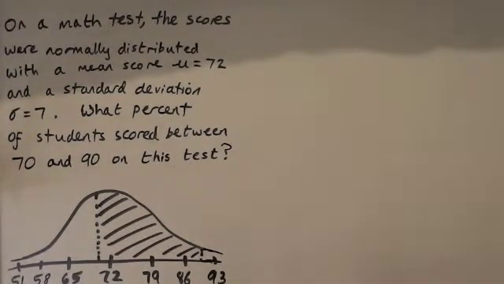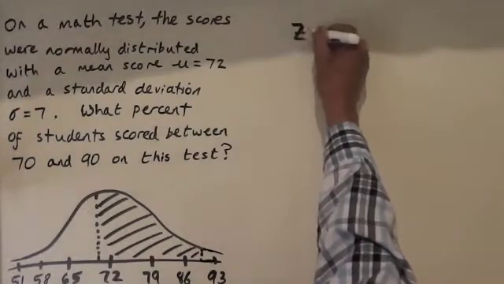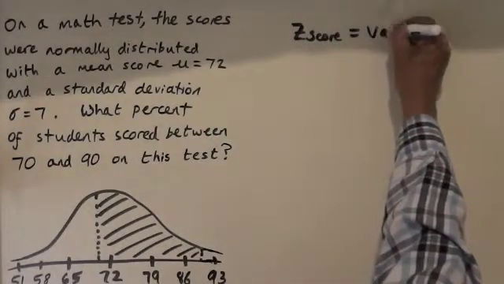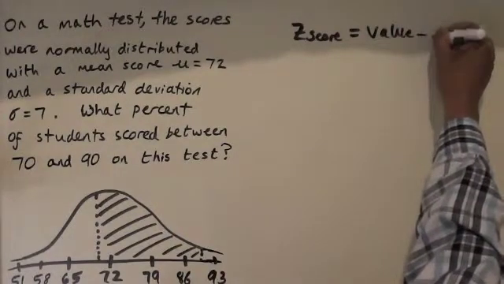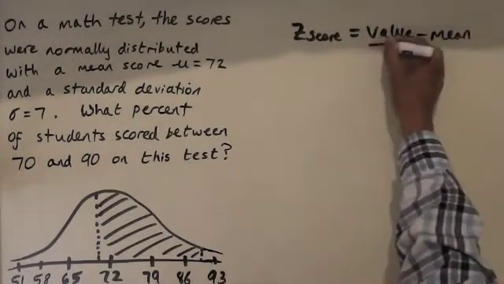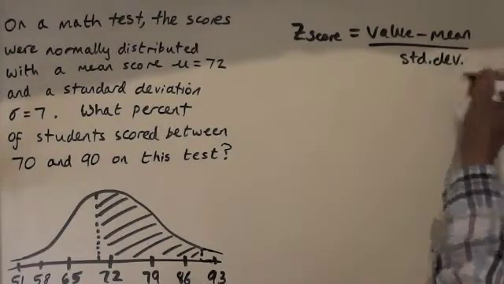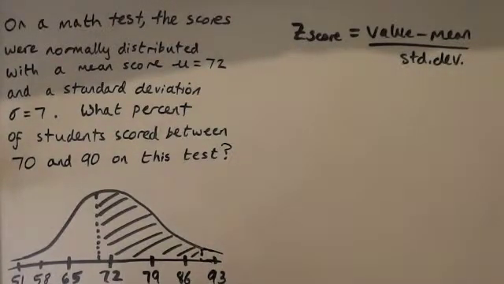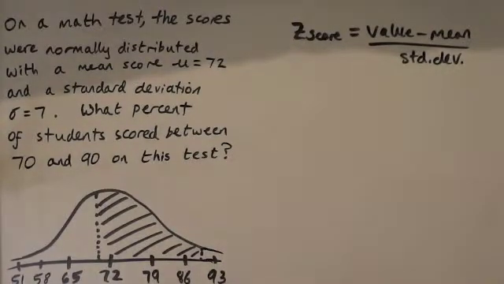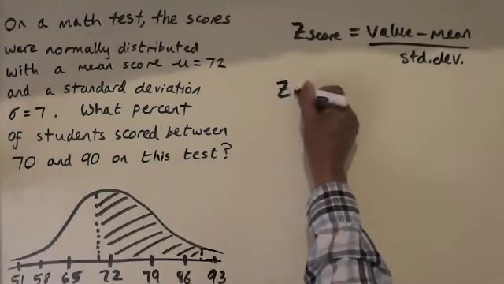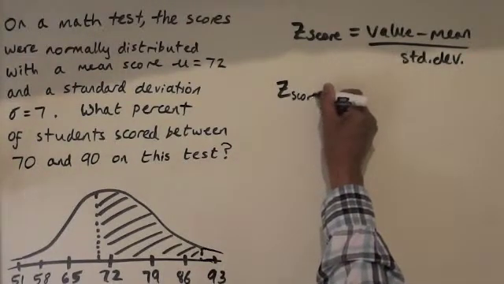So let's do that. The z-score, you might recall, is the value minus the mean over the standard deviation. So for each value we can find this z-score. So for 70, let's say we want the z-score for 70.